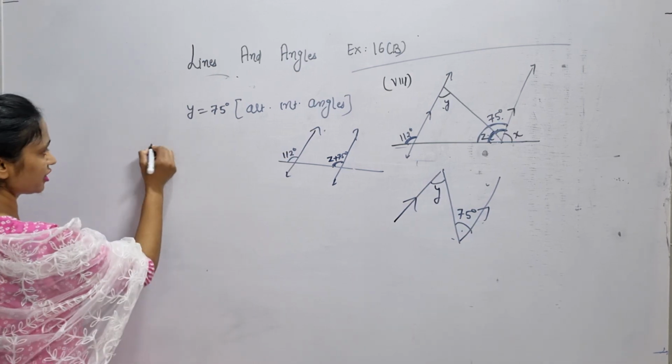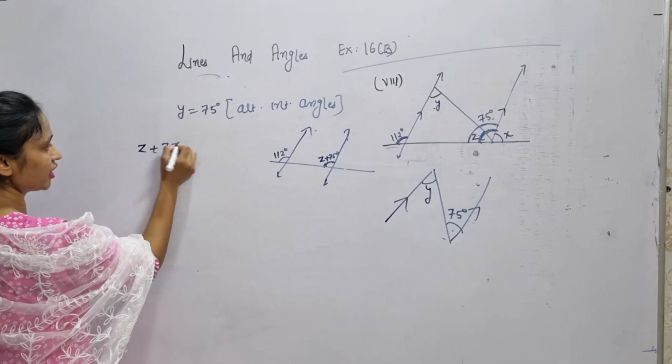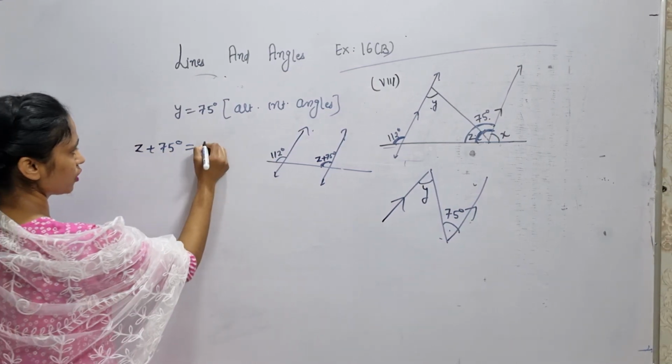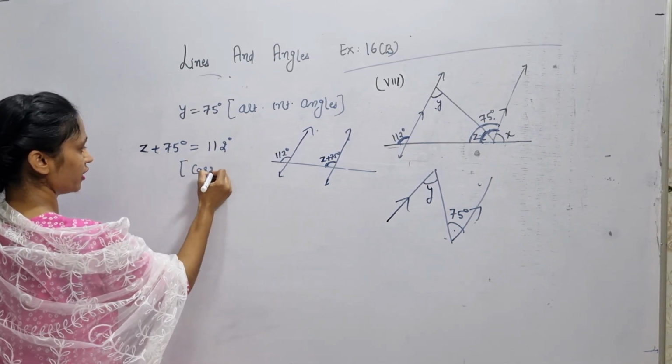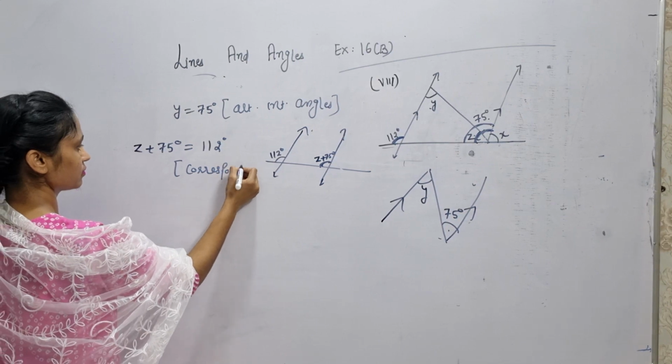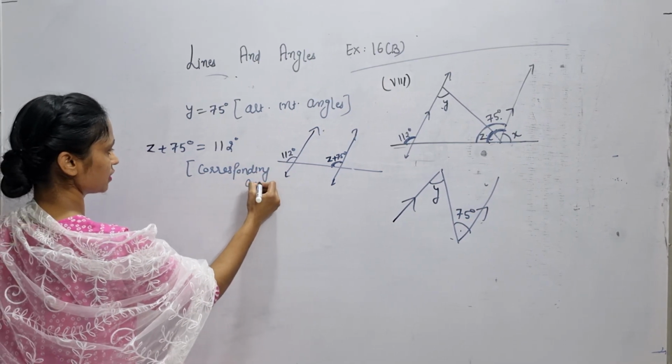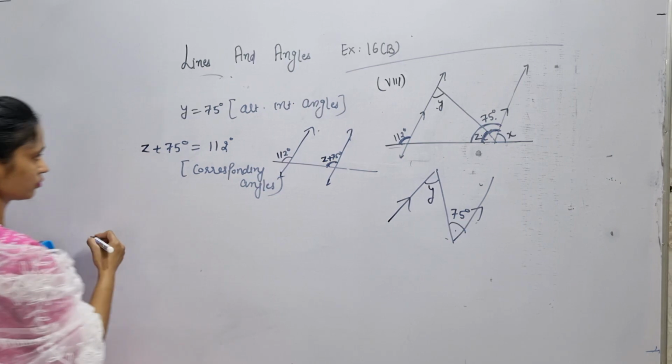So I will write z plus 75 degrees is equal to 112 degrees. You will write the reason: corresponding angles.